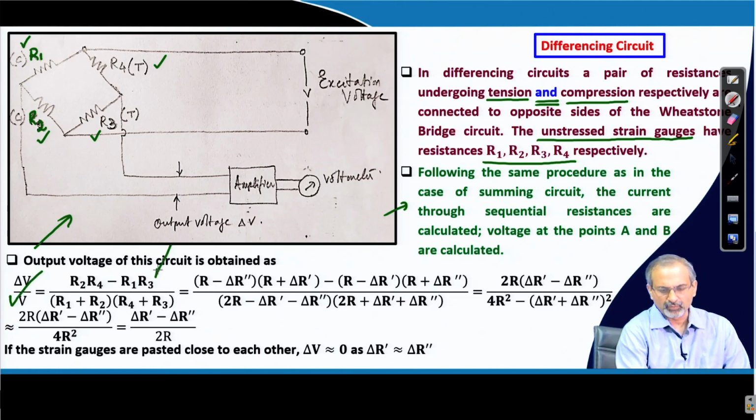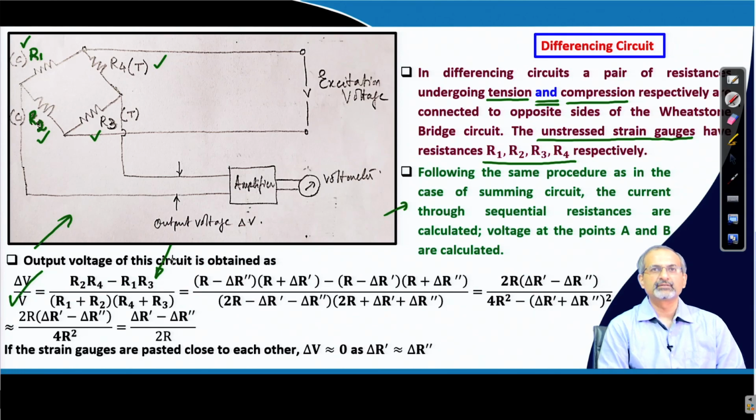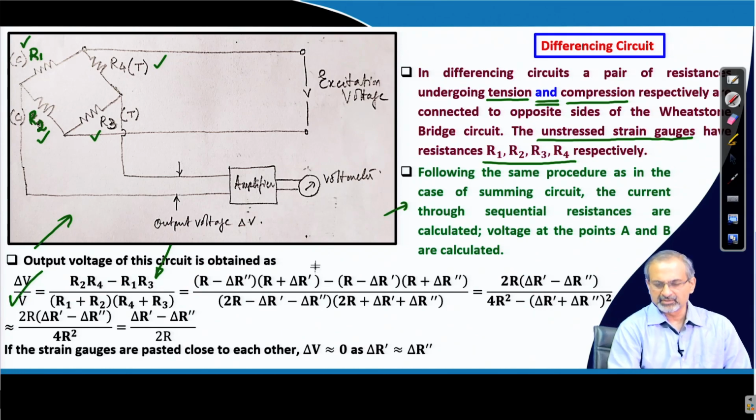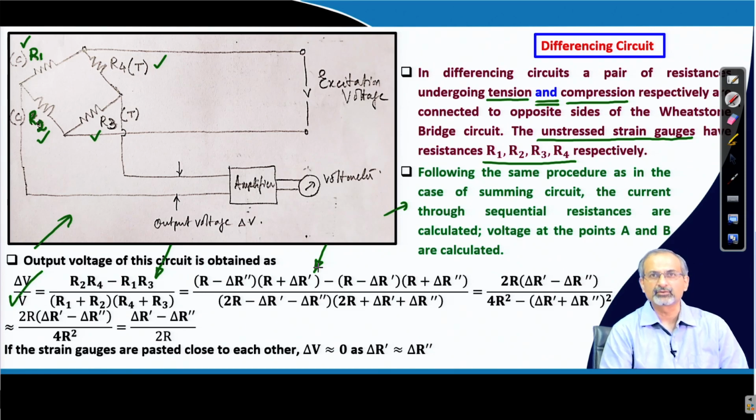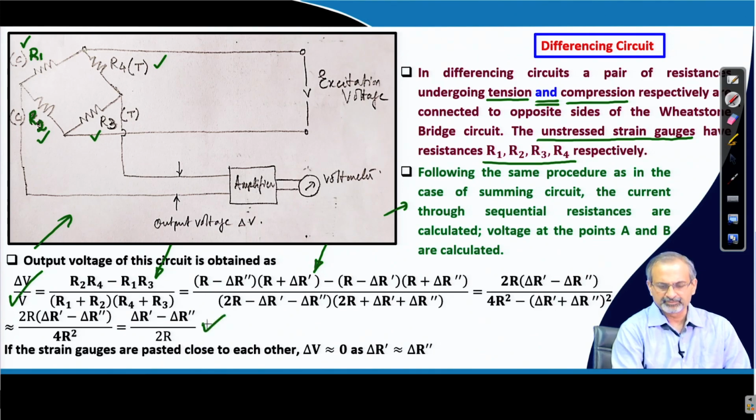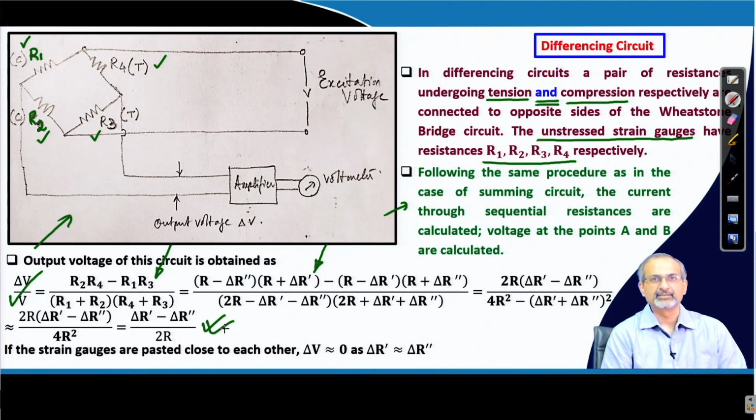You should be able to work out this relation for yourselves at home. Then comes the change in resistance because of the applied loading, with delta R, delta R dash and delta R double dash getting into the calculations, and dropping out higher order terms, you can come to a point like this.